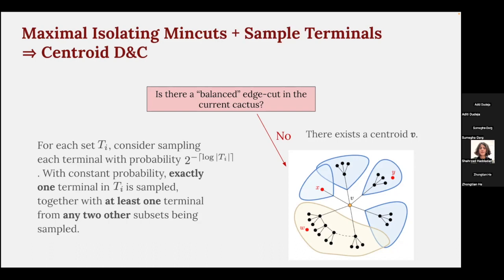You can only cut this branch, and it will give you T_i. So we use this trick of adjusting the sampling rate. We enumerate all the log n possible sampling rates, and it's guaranteed that we can get all the blue sets.